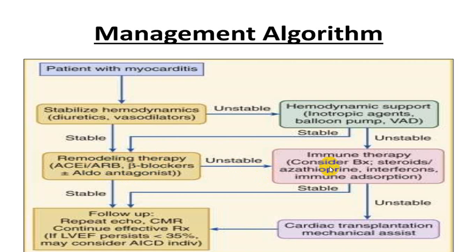If it is autoimmune, immune suppression like steroid, azathioprine, interferon, immune absorption. Regular follow-up, regular checkup, and in late stages you might require a cardiac transplant, or you might require a ventricular assist device or Impella.